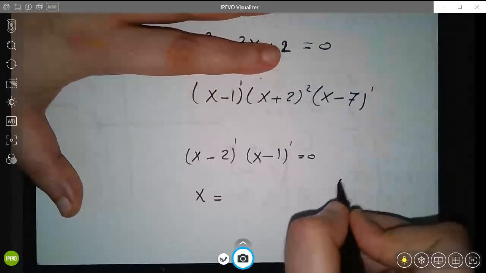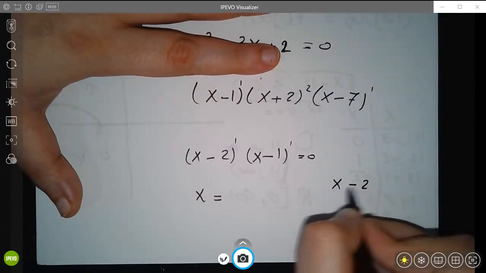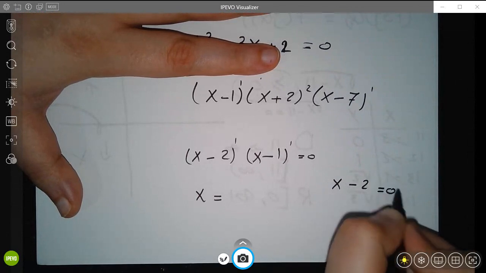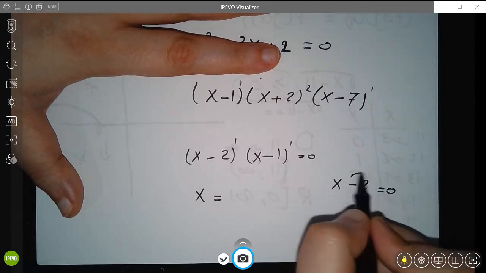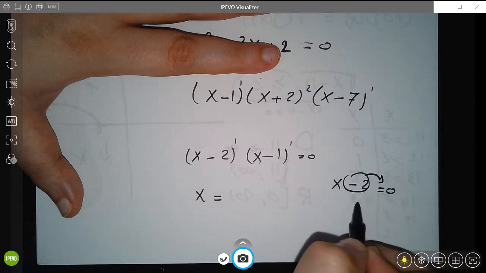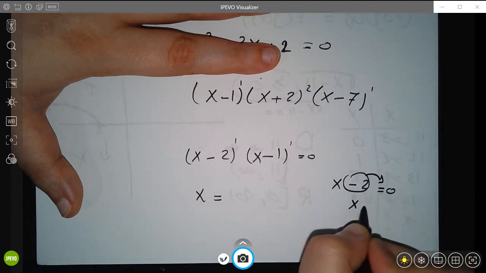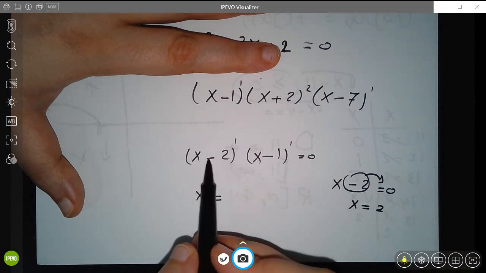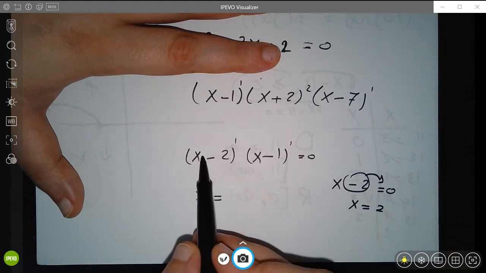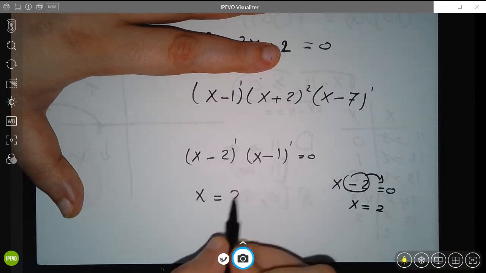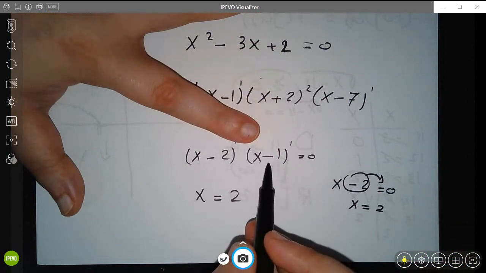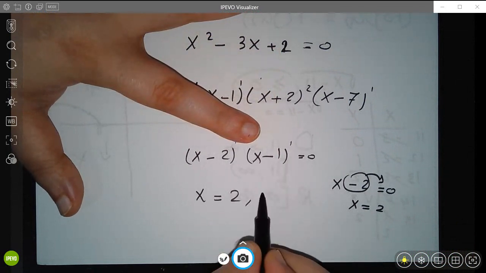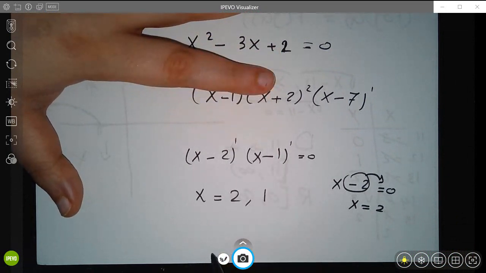You can actually go through the process of writing out x minus 2 equals 0, then grab the negative 2, move it to the opposite side, and it turns positive, and then you get x equals 2, right? Or you could just say, okay, x minus 2, move it, it becomes positive, so it's positive 2. x minus 1, move it, it becomes positive, so it's positive 1.